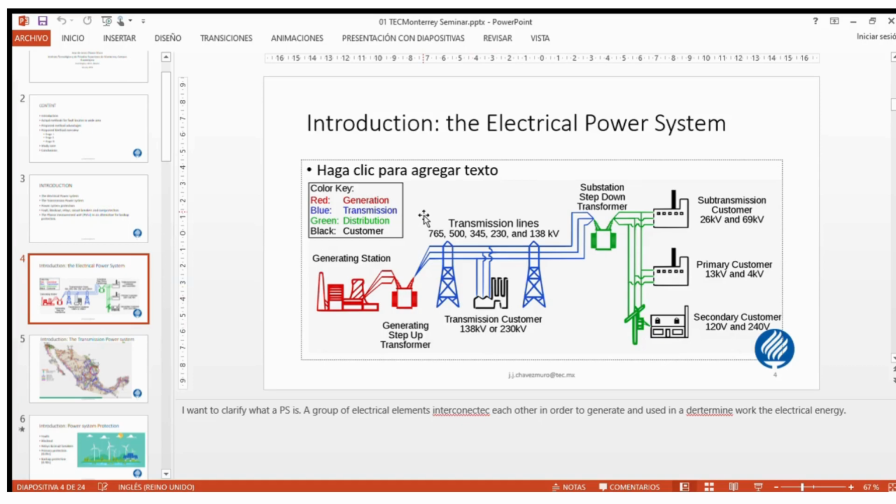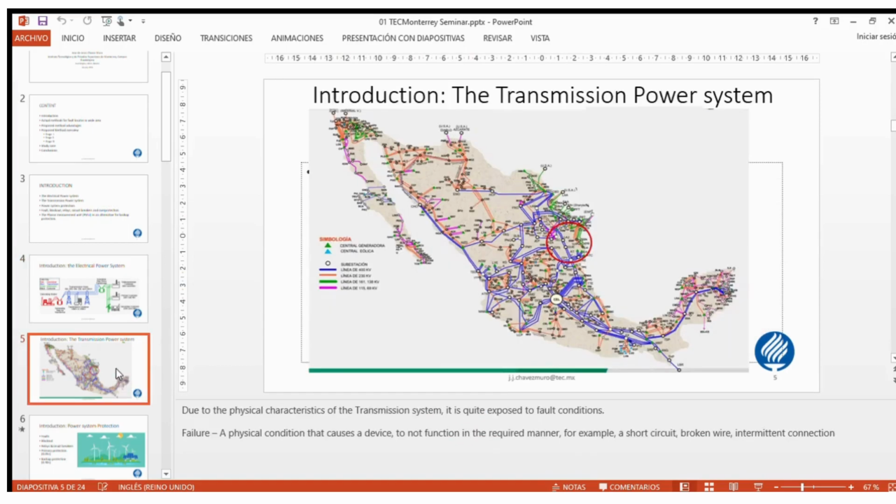The transmission system is also too long, and in order to make you see how long it can be, we have here the map of the Mexican transmission system. In Mexico, we have three transmission systems.